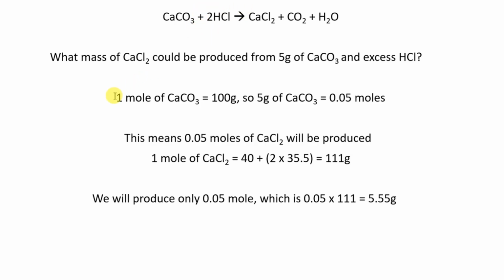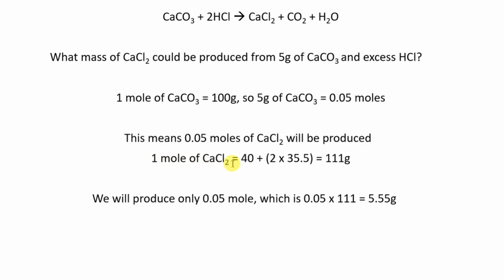There's enough. 1 mole of CaCO3 is 100 grams. 5 grams comes to 0.05 moles. 0.05 moles of CaCl2 will be produced. 1 mole of CaCO3 gives 1 mole of CaCl2.